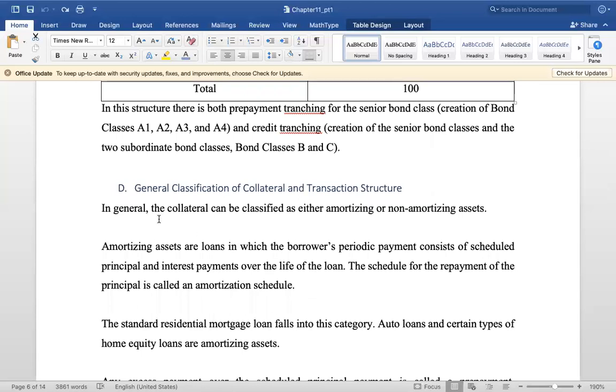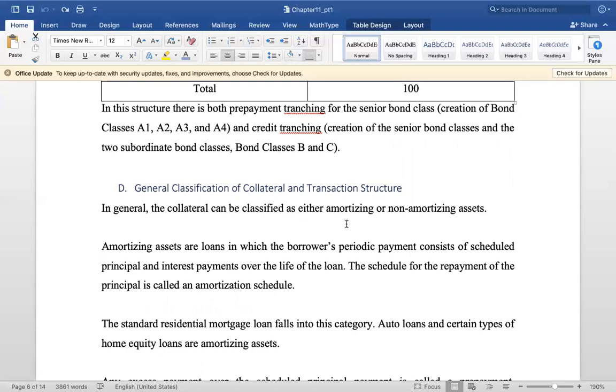Let's talk about the classification of collateral and transaction structure. In general, the collateral can be classified as either amortizing or non-amortizing assets. So there can be underlying loans or receivables which are amortized, meaning they are fully paid at maturity, and there can be those which require a lump sum payment at maturity.